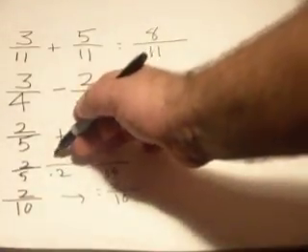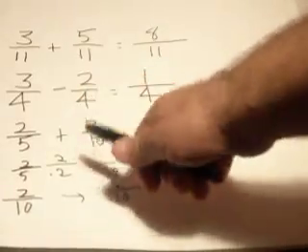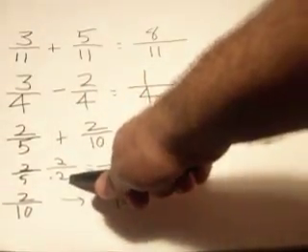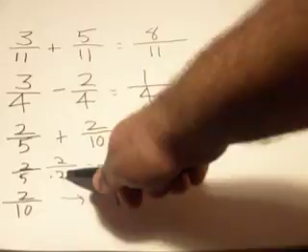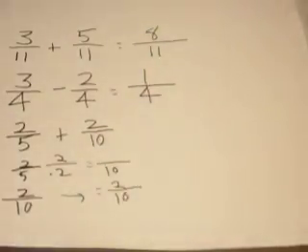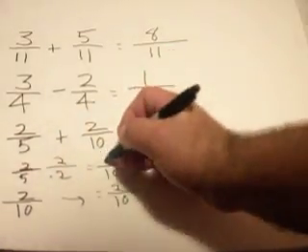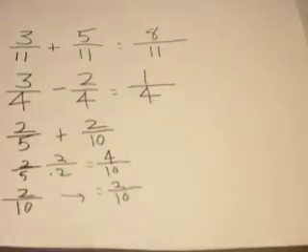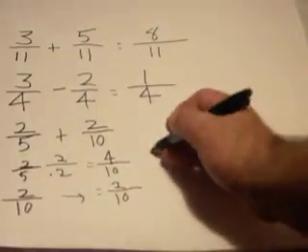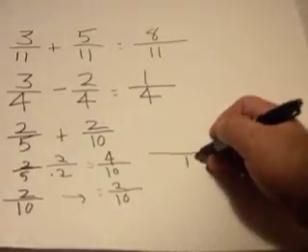So if I have 2/2, then 2/2 is 1, because 2 halves is 1. So in this case, I'm multiplying the whole fraction by 1, so I'm not actually changing the fraction. So 2 times 2 is 4. So now I've got a new problem all over 10.